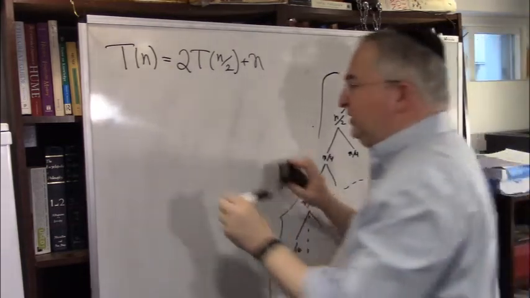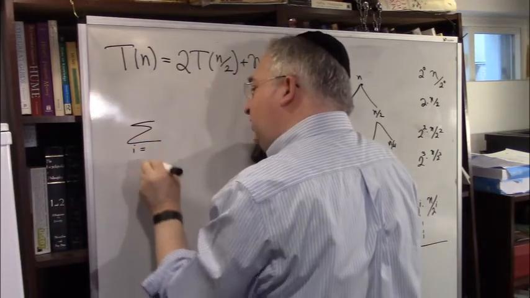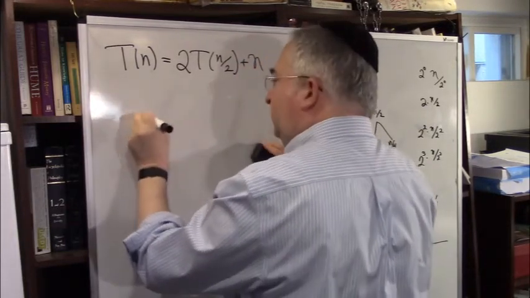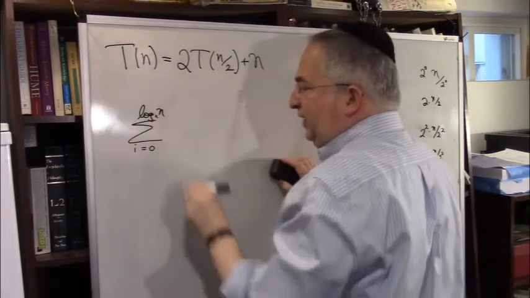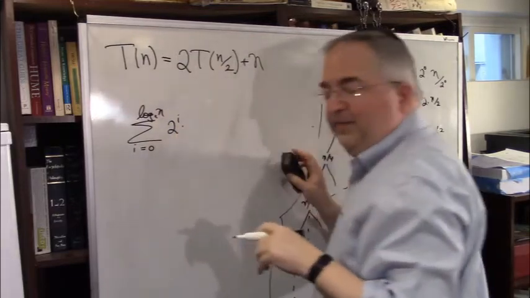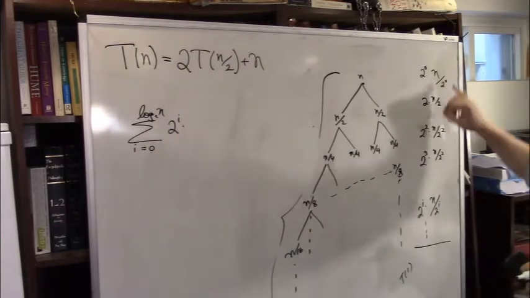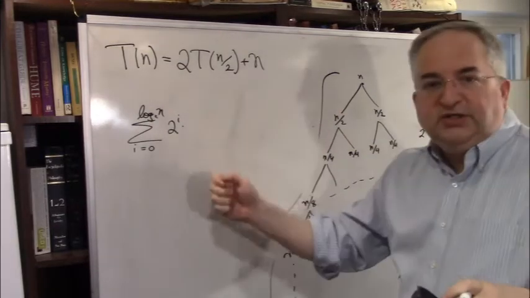So basically, this becomes the sum of I equal 0 till log base 2 of n, okay, times 2 to the I times, I know I'm doing this silly because I know when you multiply each one of these is n, but I want to do it because we're going to see it in the next example.